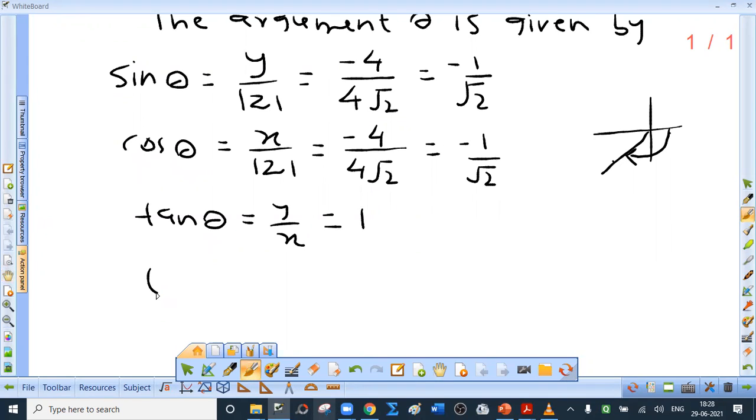Or you may also add that minus pi by 2 less than theta less than minus pi.